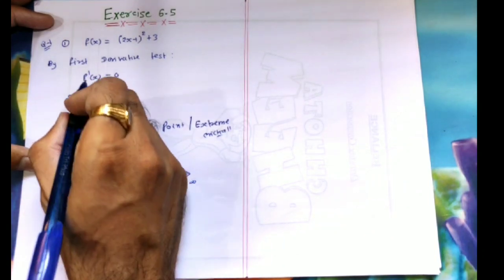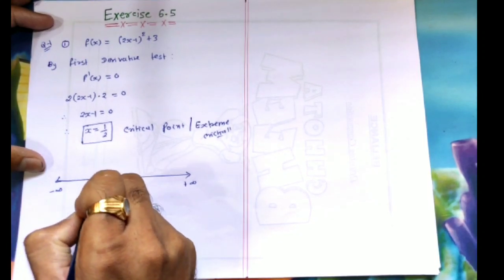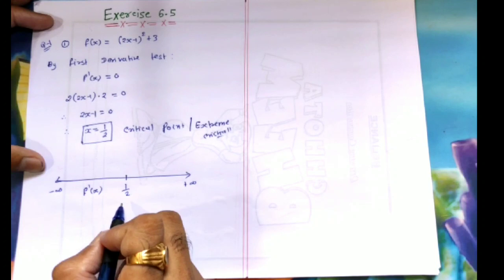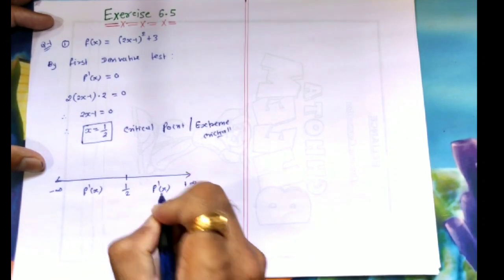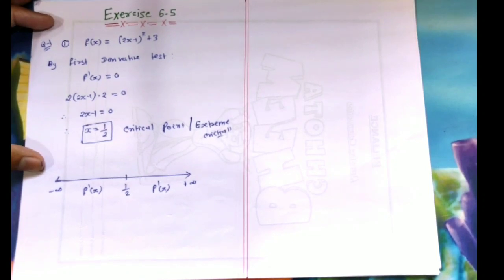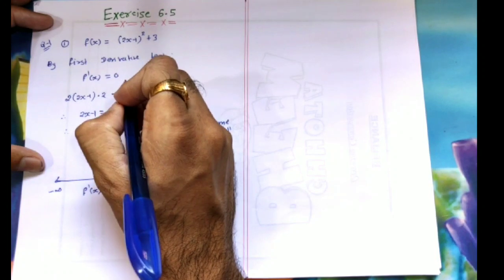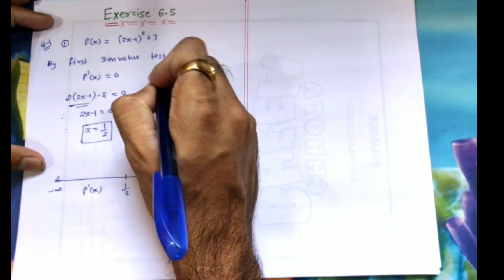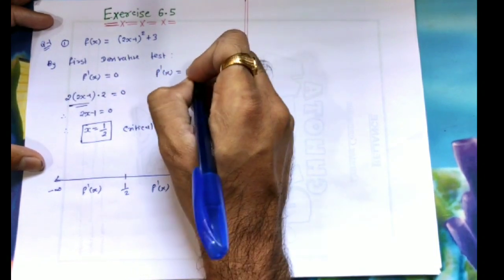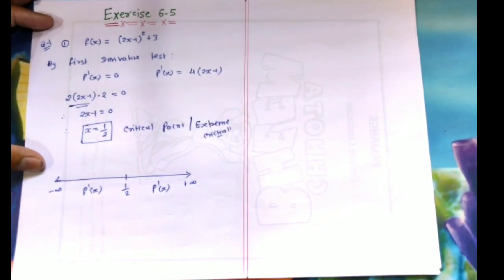You have to check the sign of this f dash x on both sides of this 1 by 2. That means on the left hand side as well as on the right hand side. You have to check the sign of f dash x by putting values of x around 1 by 2 in our f dash x. But you can simply write your f dash x as 4 into (2x minus 1). This is your f dash x.